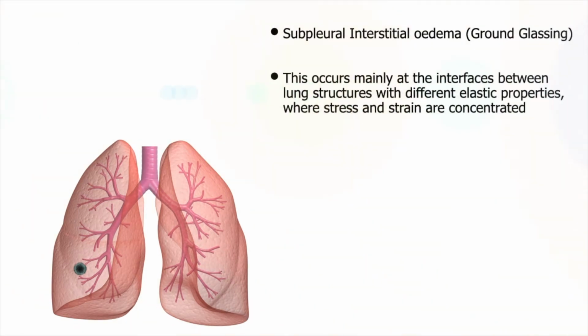This occurs mainly at interfaces between the lung structures with different elastic properties. So along the pleural space or along the fissures, the places where the stress and strain are concentrated. But again, this doesn't really explain why do the patients have hypoxemia.